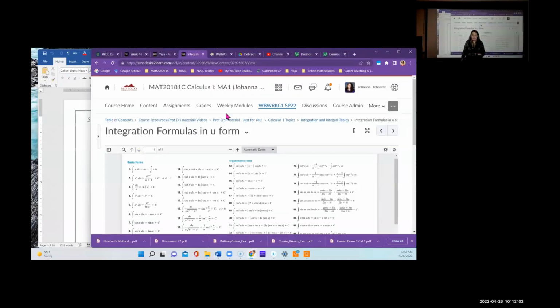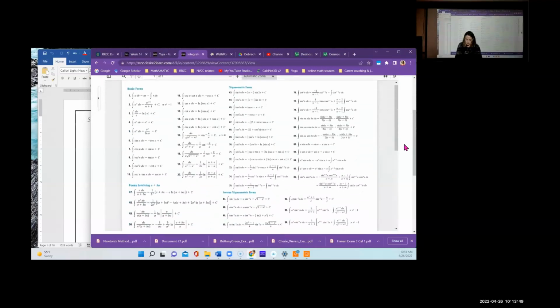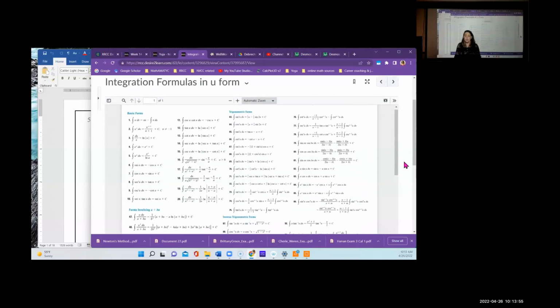One of the things that I said I was going to point out to you today was the integral tables. In the front and back cover of most calculus books, it has integration tables. Your textbook also has an integration table. I believe it's at the back. But I don't like the one in our textbook because it's in X form, not U form.